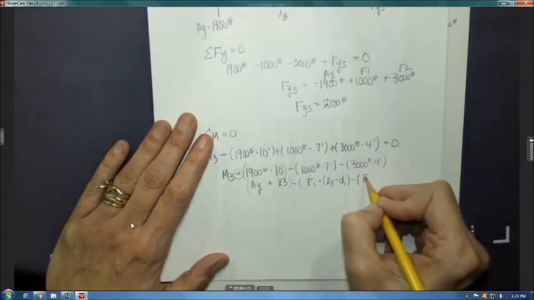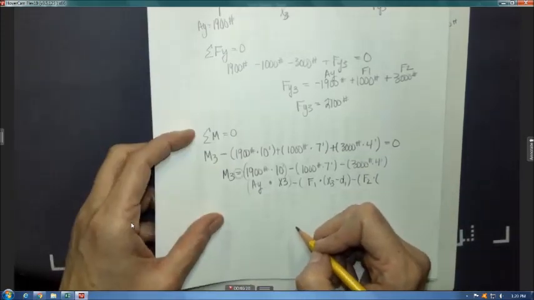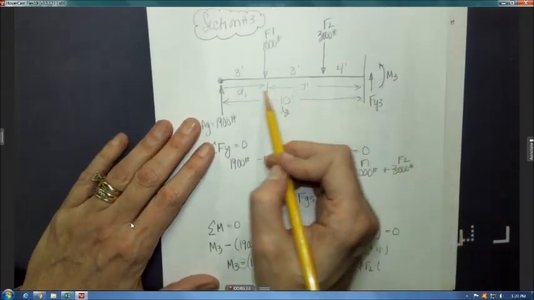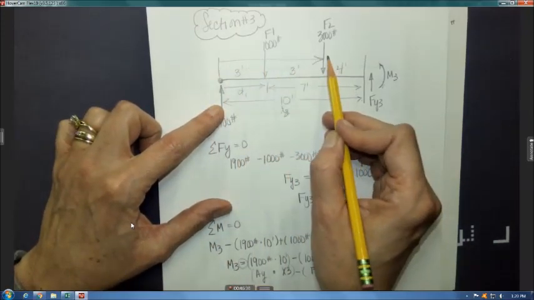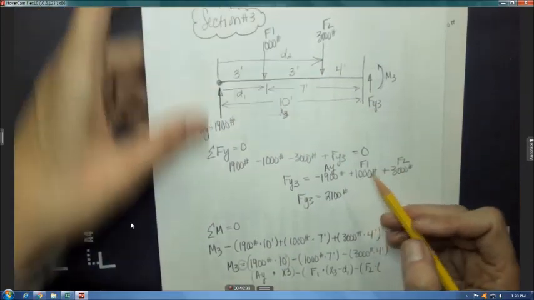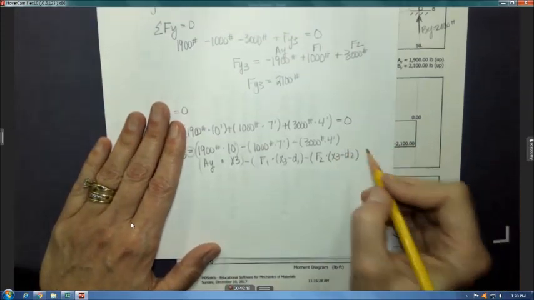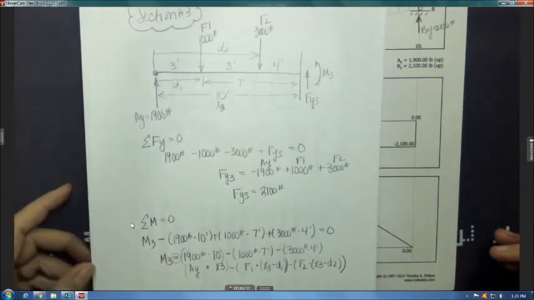Then my 3,000 is my F2 times, okay? So here, this is going to be X3, and then I've got to get back to my F2, which is my D2 value, right? Okay. So this is going to be X3 minus D2, and then parentheses around that. Everybody see that? How those numbers correspond?